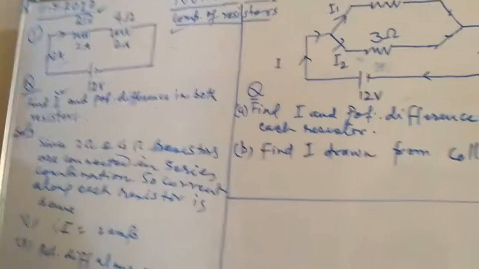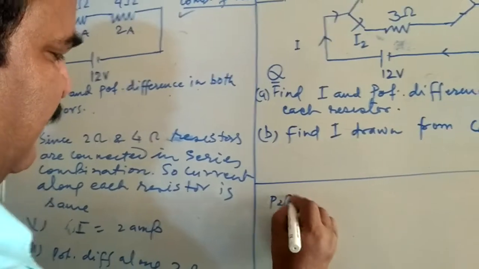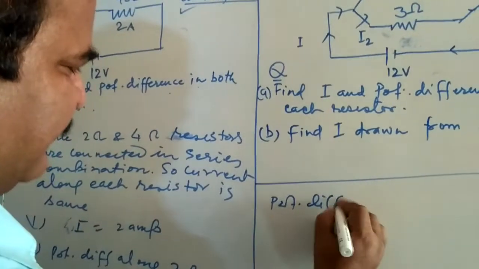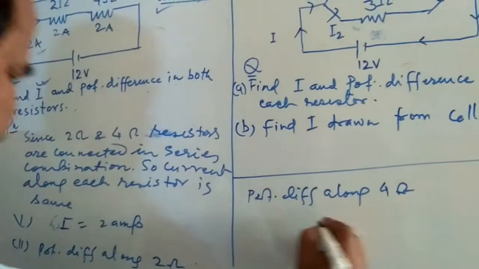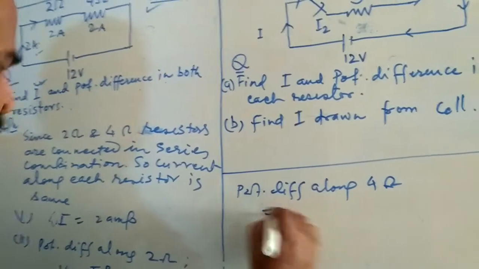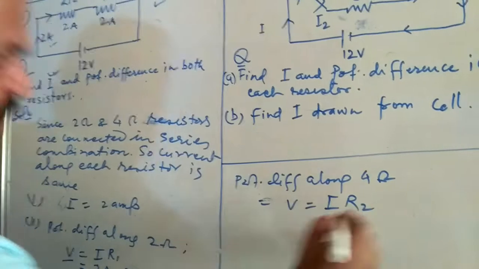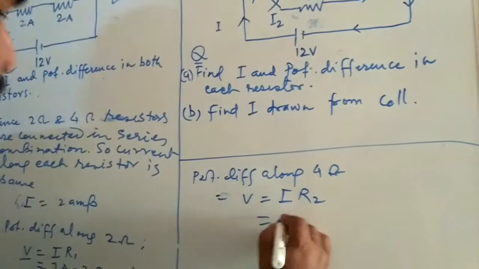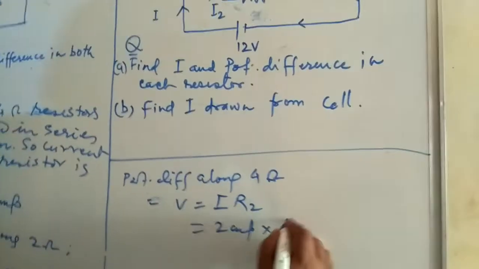Now we come to the second, the potential difference along the 4 ohm resistor. Like the first one, V is equal to I R2, and here I is the same, 2 ampere, and the second resistor is 4 ohm.